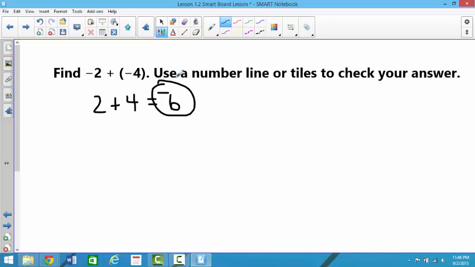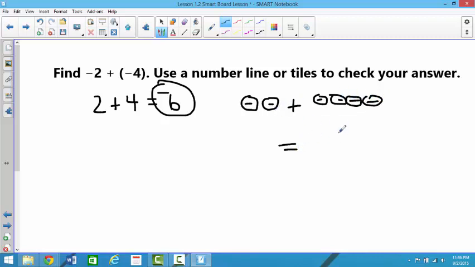Now it asks you to use a number line or tiles to check your answer. I personally am more of a fan of the tiles than the number line, but you could do either. So if you have negative 2 tiles, and you add to that negative 4 tiles, how many total negative tiles do we have?